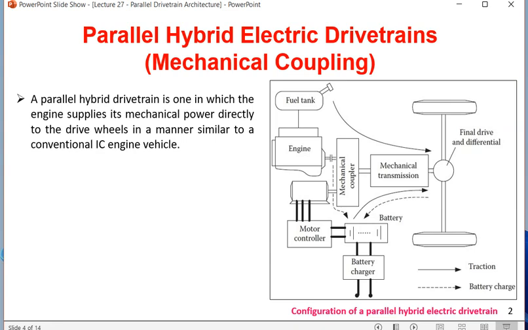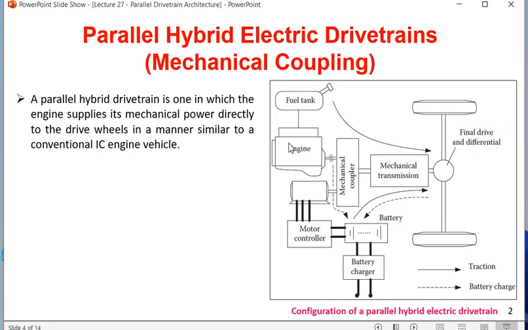The output of the engine is mechanical power getting coupled with the mechanical coupler. Through the mechanical transmission and differential, it is directly going to the final drive element. So what we find here is, in case of parallel hybrid drivetrain, the engine supplies mechanical power, which is the natural output of the IC engine.